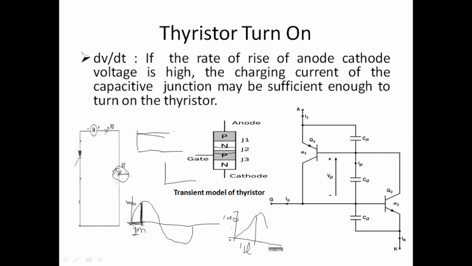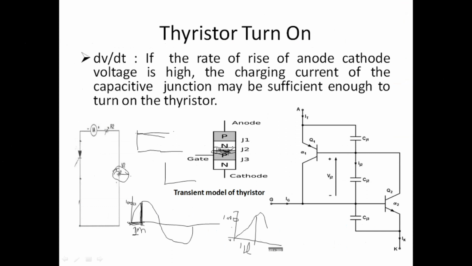In this area there are no charge carriers, correct? This I will call the depletion region. And here there are charge carriers, since this is forward biased, holes are there, electrons are there. Only this area is not having any charge carrier.